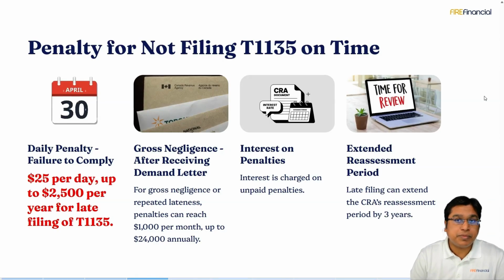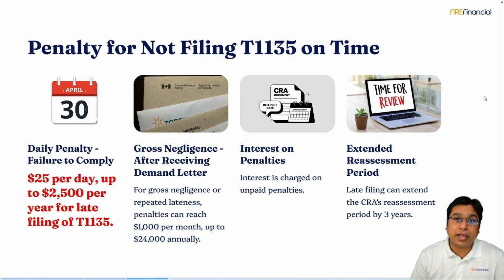Now, sometimes people purposefully ignore this reporting. If CRA is able to catch that somebody is purposefully hiding their foreign assets, then there is a steeper penalty, which can range from $500 to $1,000 per month, up to $12,000 or $25,000, depending on the severity of the negligence. It also allows CRA to extend the reassessment period by 3 years.